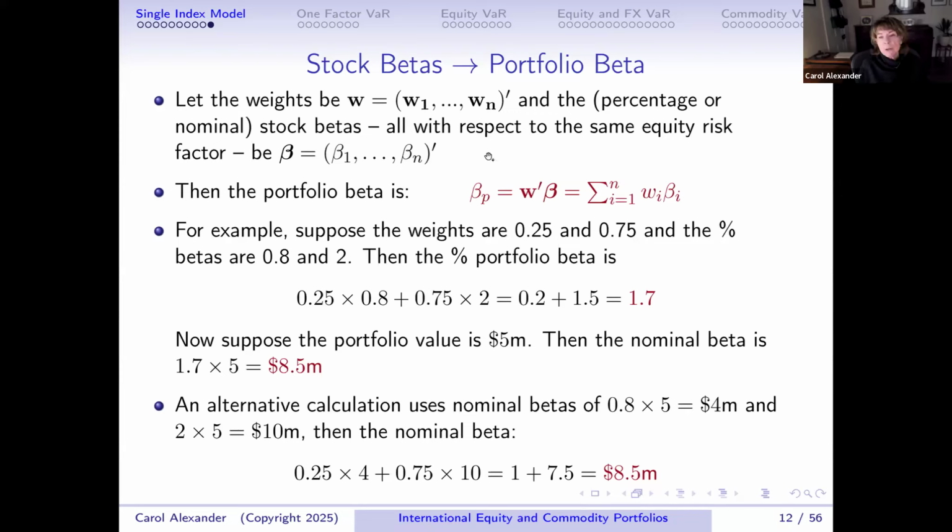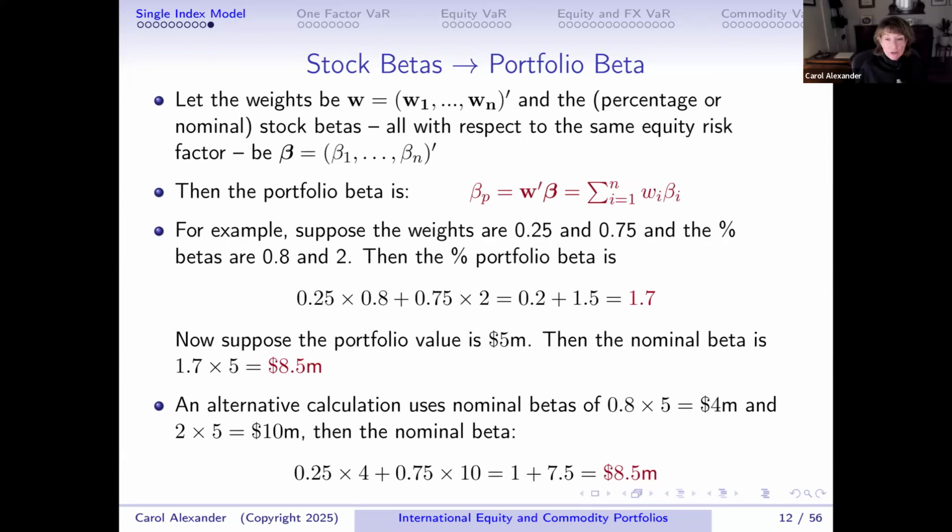For example, suppose your weights are 25% and 75%, and the percentage betas are 0.8 and 2, then the percentage portfolio beta is going to be 0.25 times 0.8 plus 0.75 times 2, which is 1.7. And so, for example, if the portfolio value is $5 million, the nominal beta is just 5 million times that. As always, there's lots of different orders you can do the calculations.